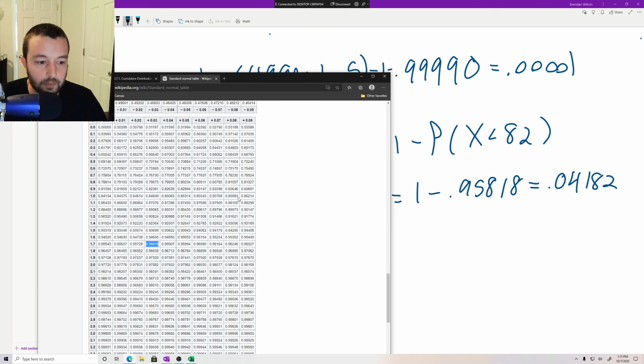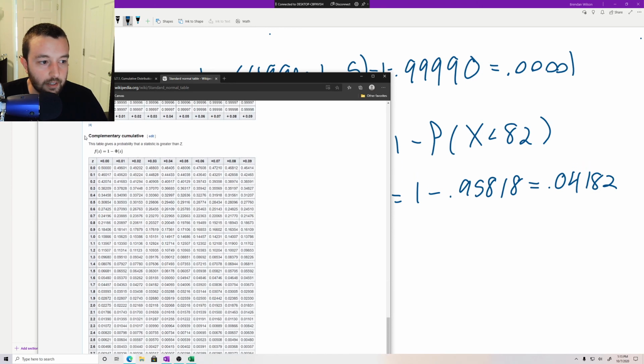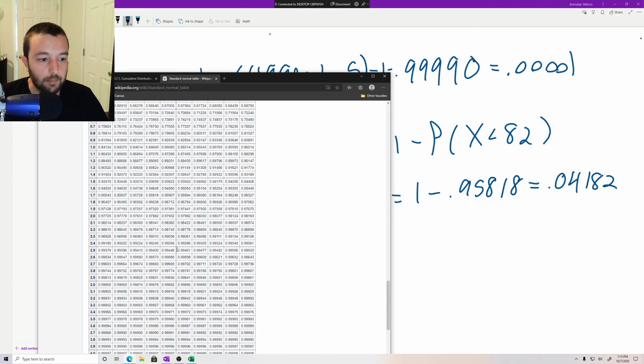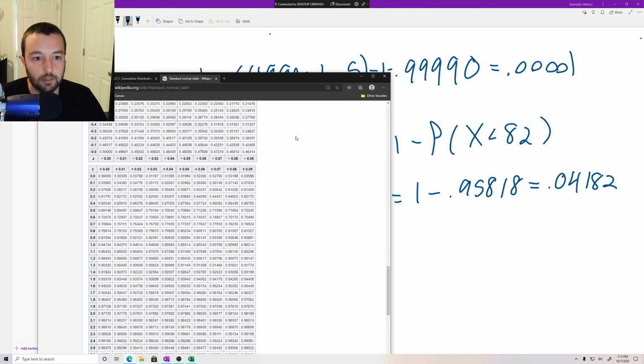And then if you scroll down on that Wikipedia page, it gives you the complementary cumulative function. And this is the probability that you're to the right of the value, which is exactly what we're looking for. So we wouldn't even have to do the 1 minus. If we use this table, we would get this value right here with our 1.73, which is 0.04182, which is exactly what we got. Okay. So normally we just use this table so that we only have to use one table, essentially.